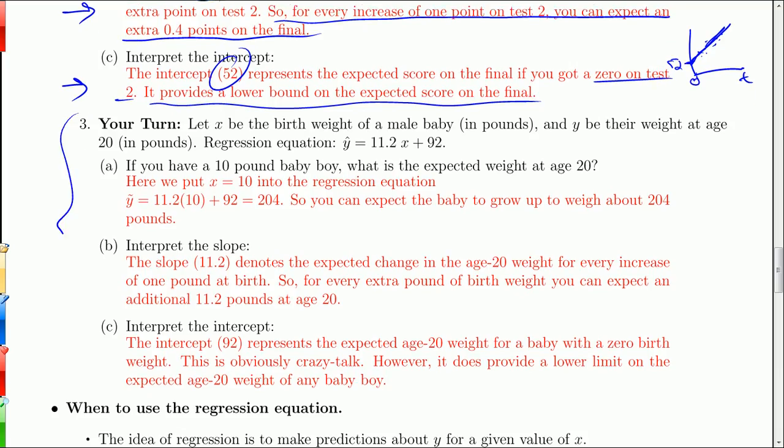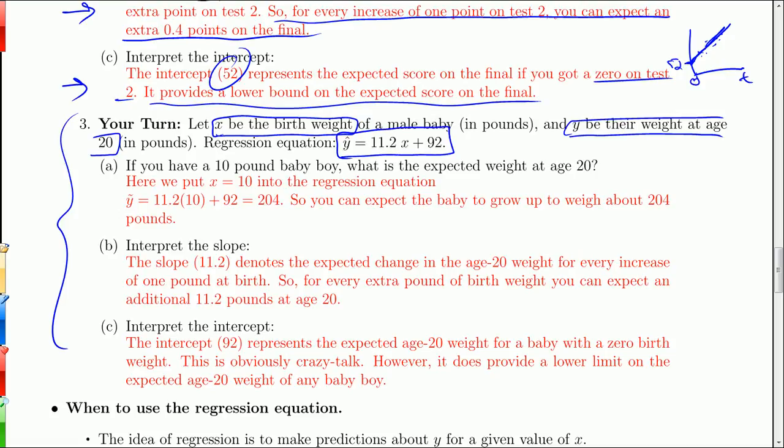All right. Second one. Let X be the birth weight of a male baby in pounds. Let Y be their weight at age 20, again in pounds. The regression equation is y equals 11.2x plus 92.